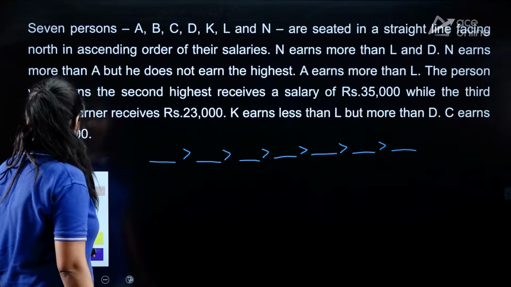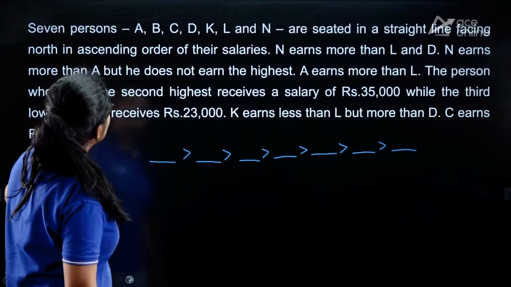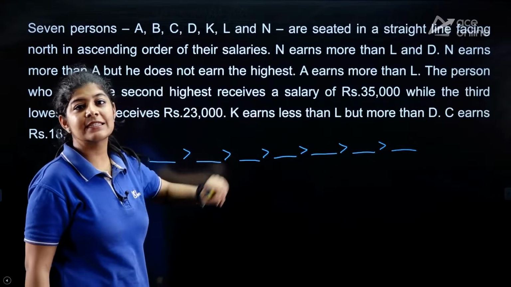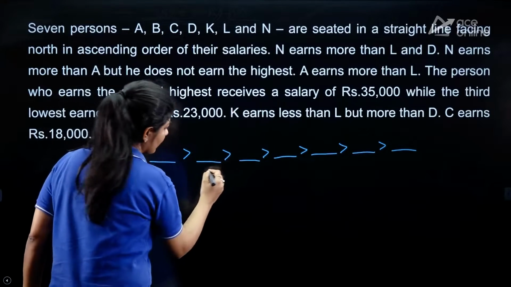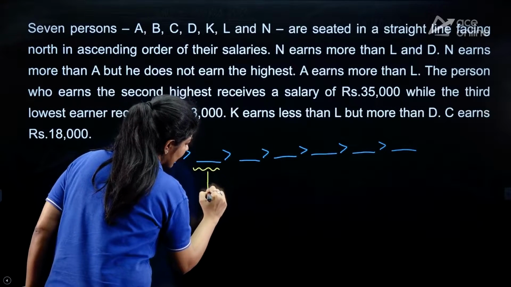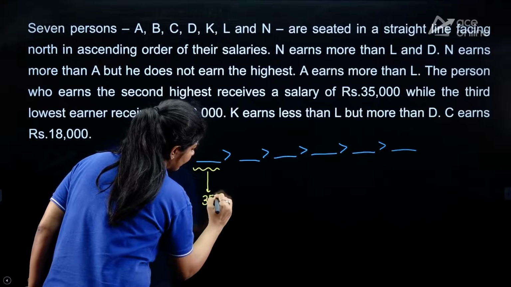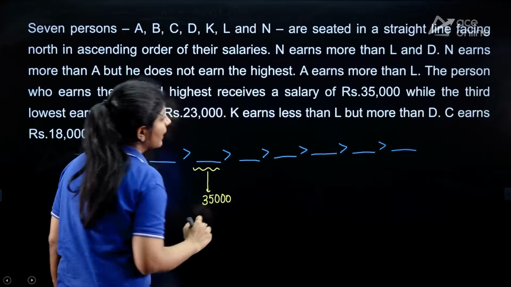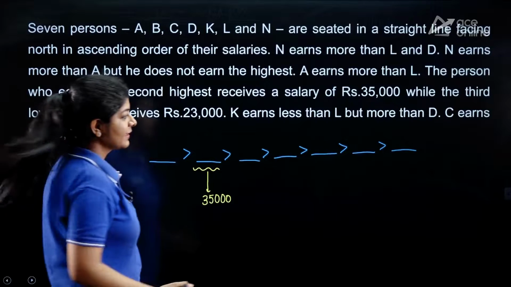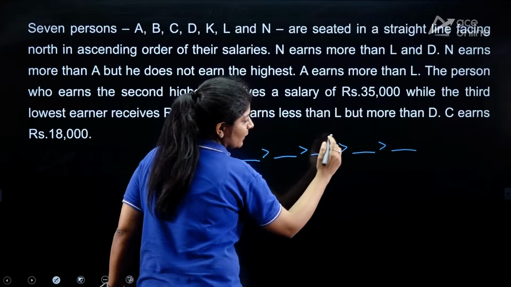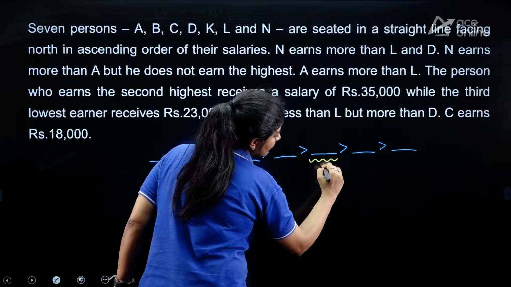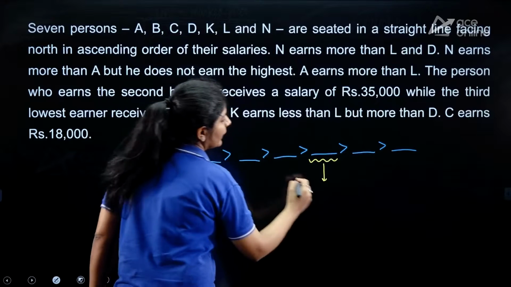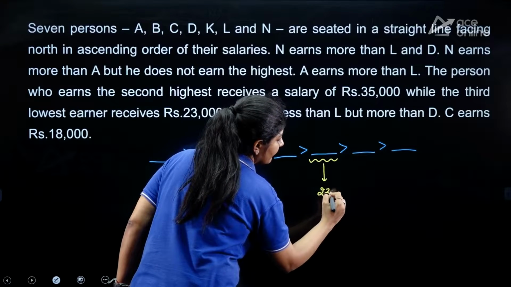Now, the question says that the one who earns the second highest receives the amount of 35,000. That means this person receives 35,000. And the third lowest, this is the lowest, second lowest, third lowest, this person earns an amount of 23,000.